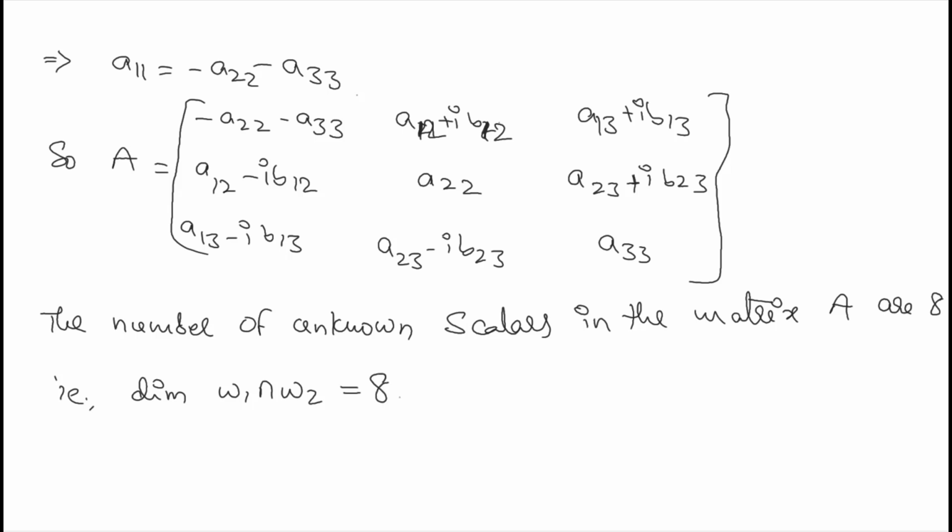So we are done with the dimension of W1 and dimension of W2 and dimension of W1 intersection W2.